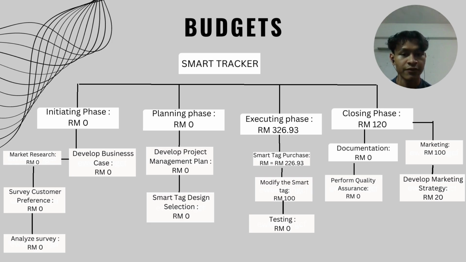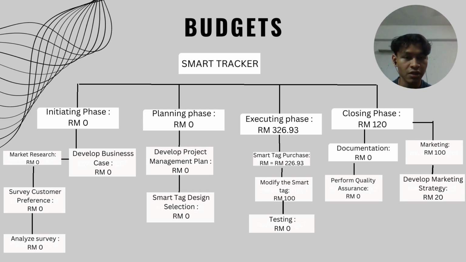The cost for purchasing smart tech is only RM226.93, and the price to modify the smart tech, we put RM100, and RM0 for testing the smart tech. So the total money we have to spend in executing phase is RM326.93.